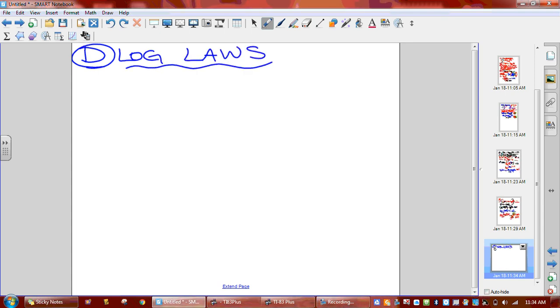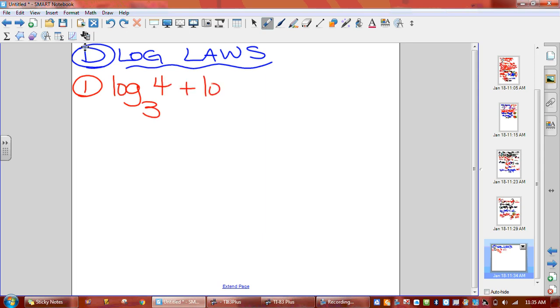Log laws. So this is saying that when you add 2 logs, it means you multiply their arguments. Log base 3 of 4 plus log base 3 of 9.